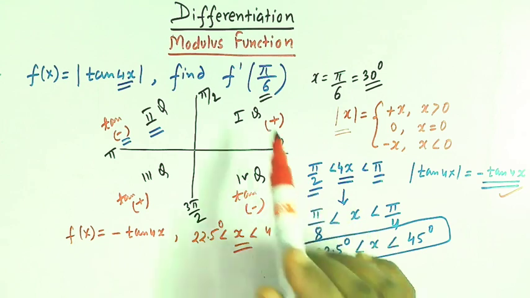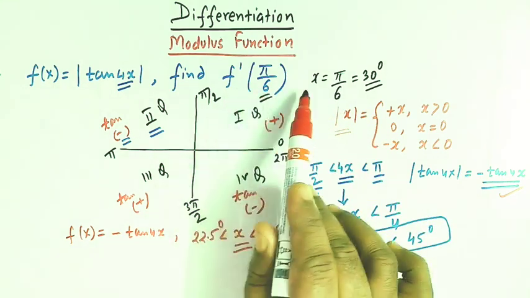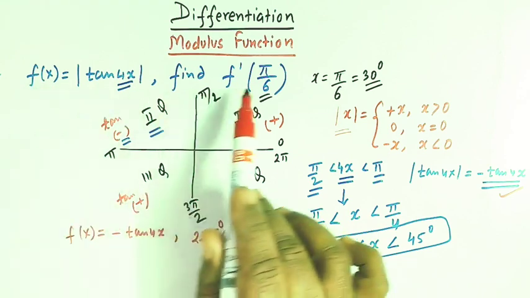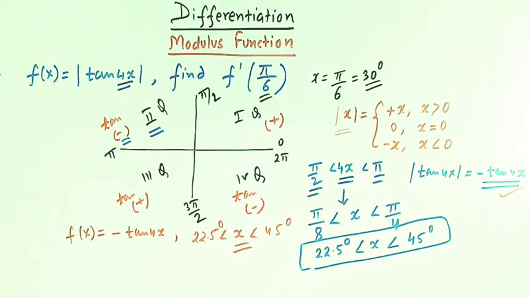And in this problem we have to find the derivative of f of x when x is equal to 30 degrees. And see, 30 degrees lies between 22.5 degrees and 45 degrees. So now we can simply differentiate f of x with respect to x.